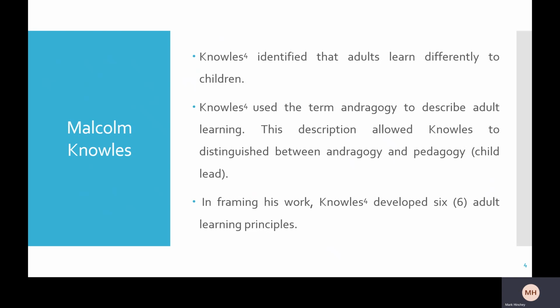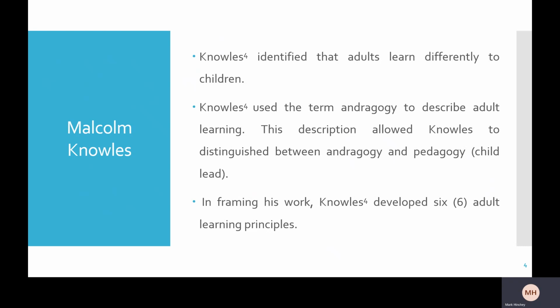So Knowles used the term andragogy to describe adult learning. That description moved away from the child taking the lead or the child being involved in their learning, which has been central to that concept of pedagogy.